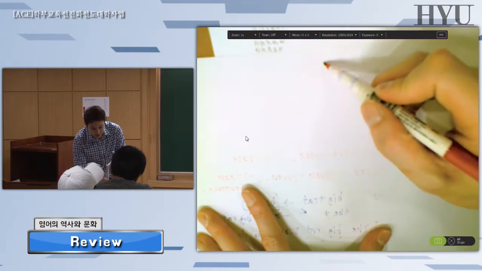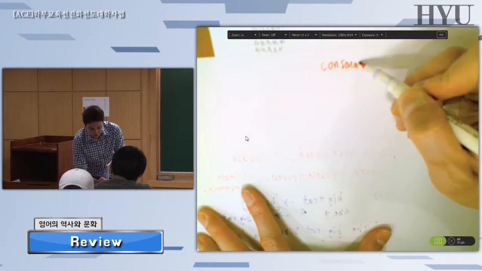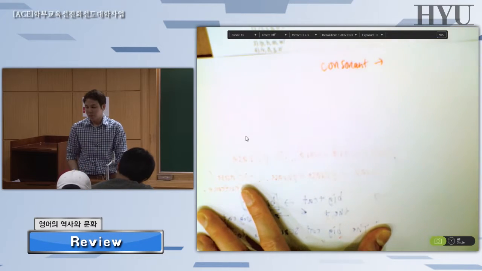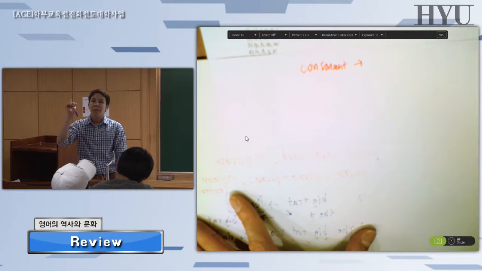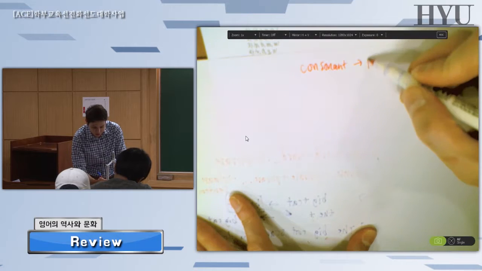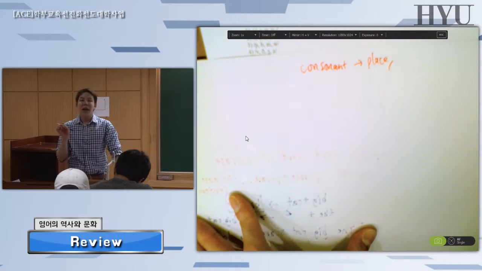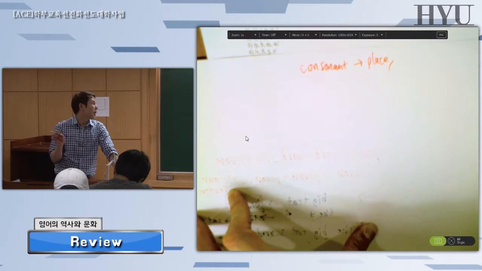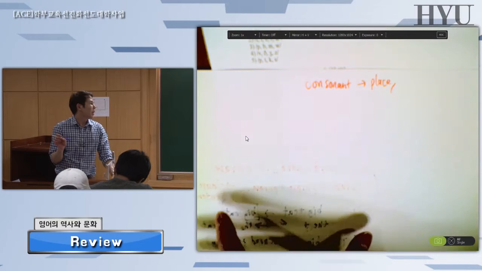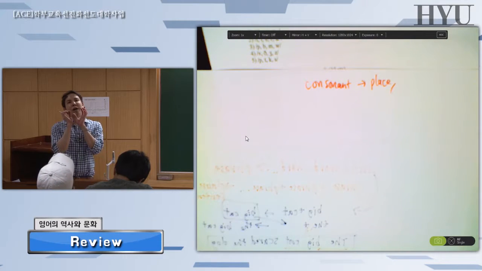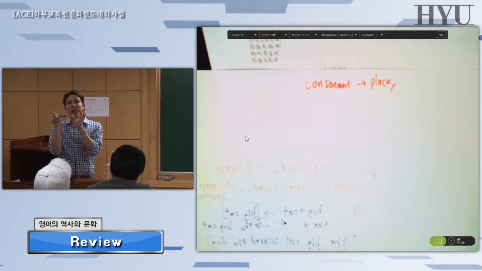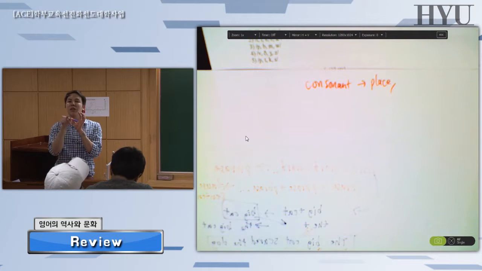So for consonants, you should know place of articulation, where in the mouth is the sound made, right? Is it made in the bilabial region, in the bilabial area? Is it labiodental? Is it interdental?